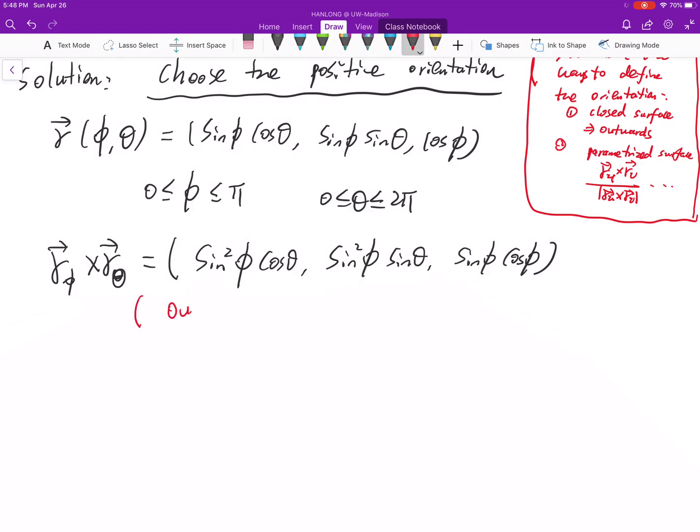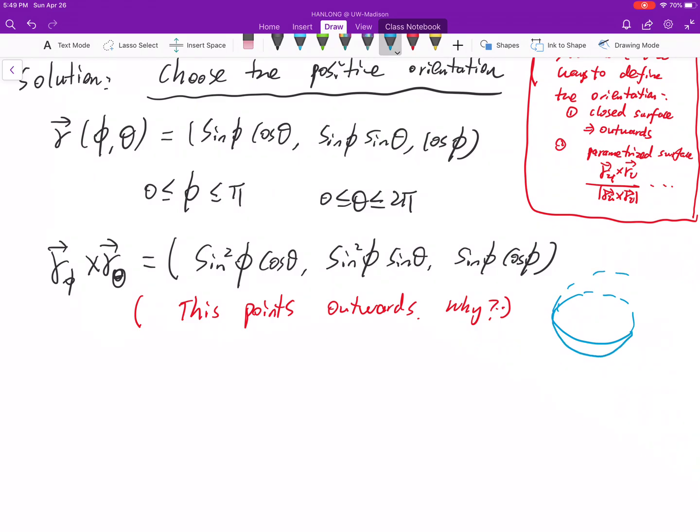This points outwards. Why? Please verify this. Probably we don't know this points outwards, right? But after computation, you can show that this actually points outwards.